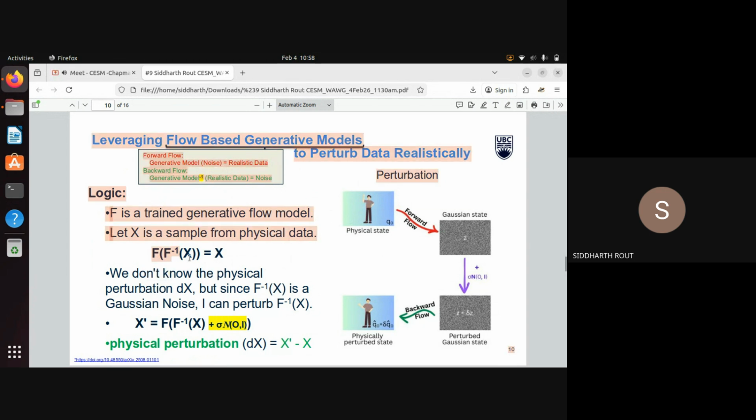So I can write this formula: the function of the inverse of the data is the same as the data. X is the data, and I do not know how to perturb X. But if you notice, F inverse of X, which is a transformation of the data to a Gaussian noise, is a Gaussian noise, so I can add noise.